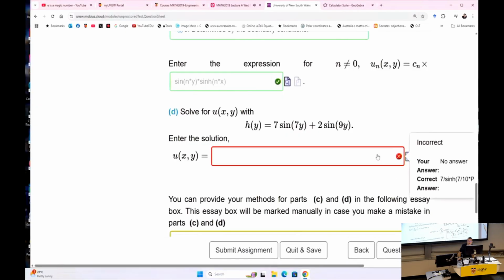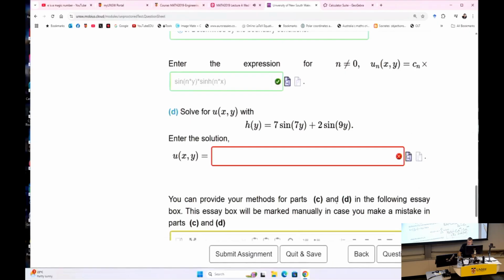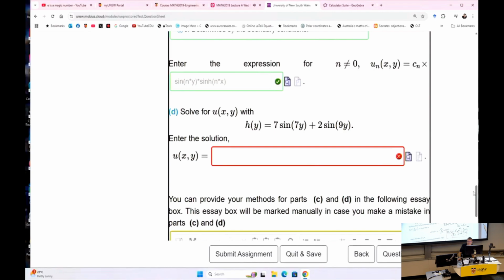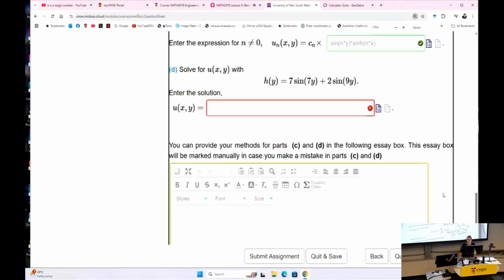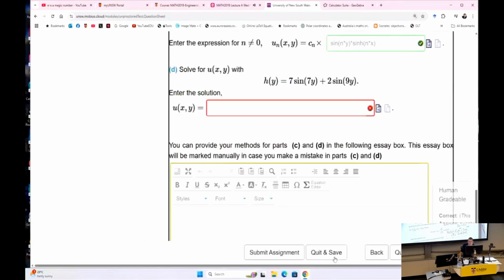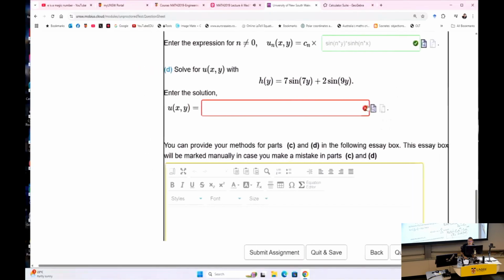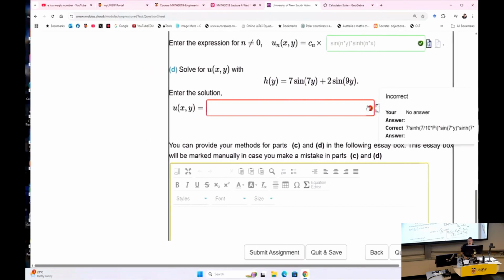How can I scroll across? Maybe I'll make it smaller. Come on. I can't go across.